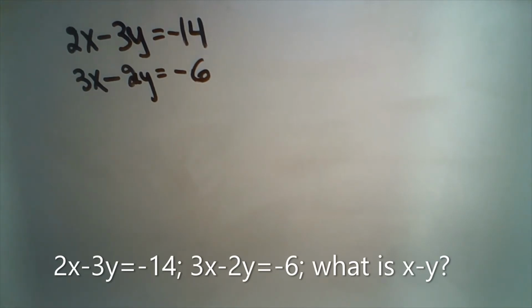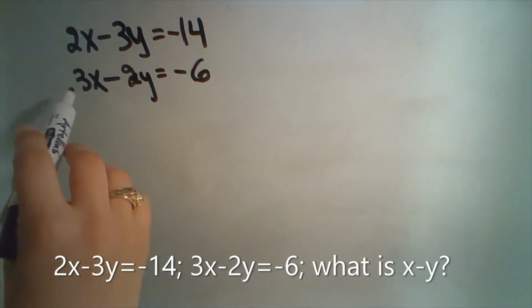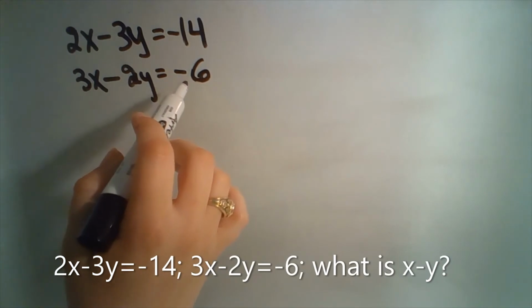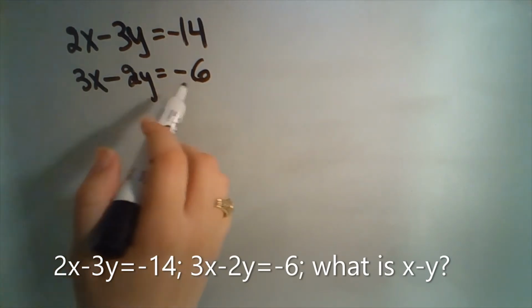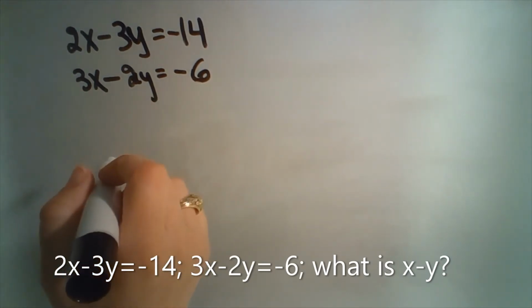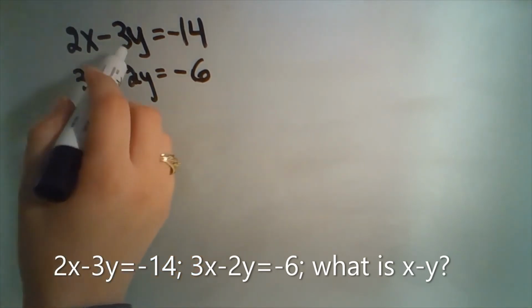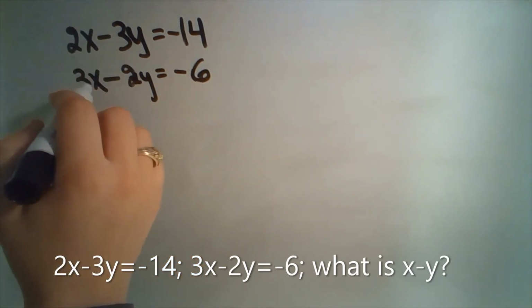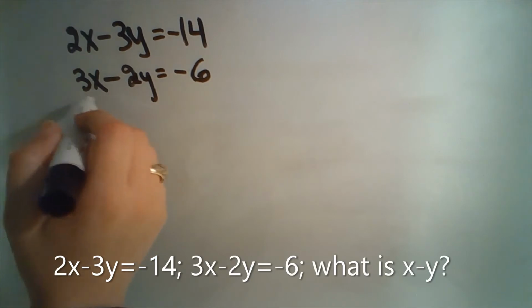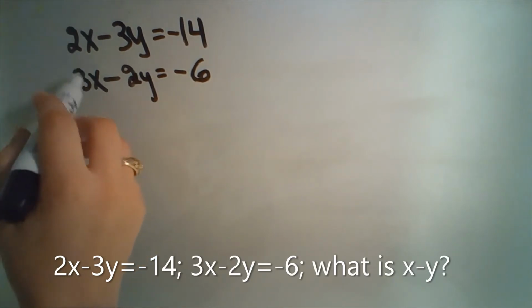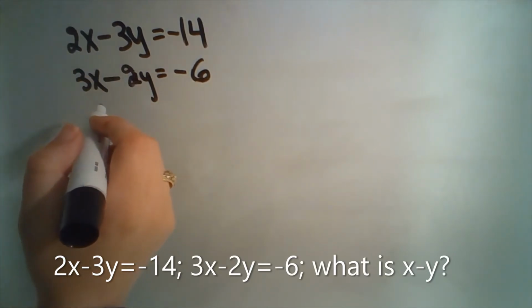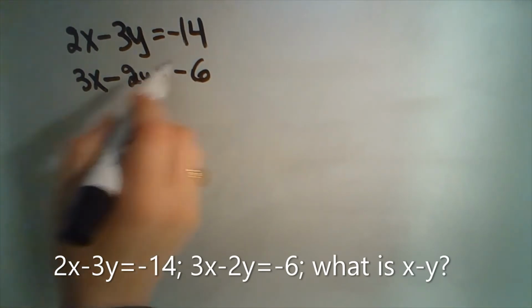If possible, we would prefer to only have to manipulate one of these equations in order to solve for one of the variables, right? Except here, when I'm looking at the values in front of our variables, I'm not seeing a common multiple that I can get to by manipulating only one equation.